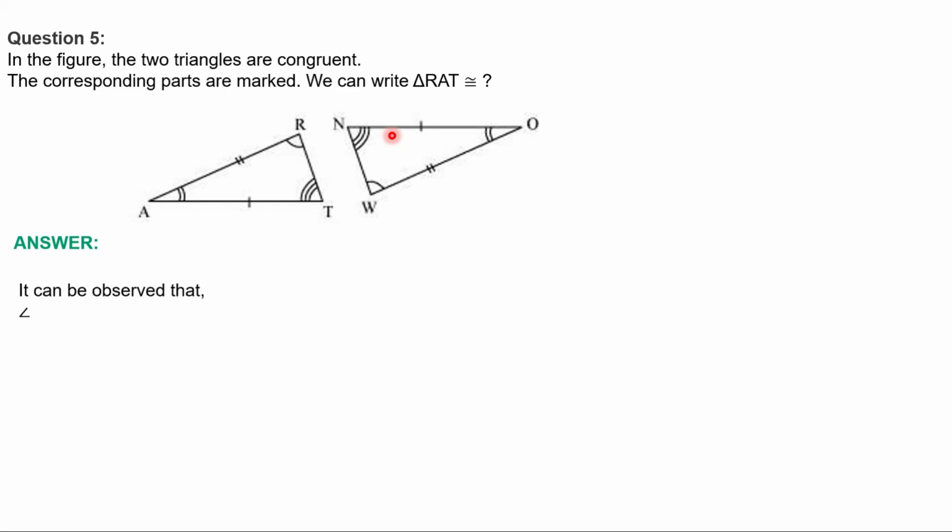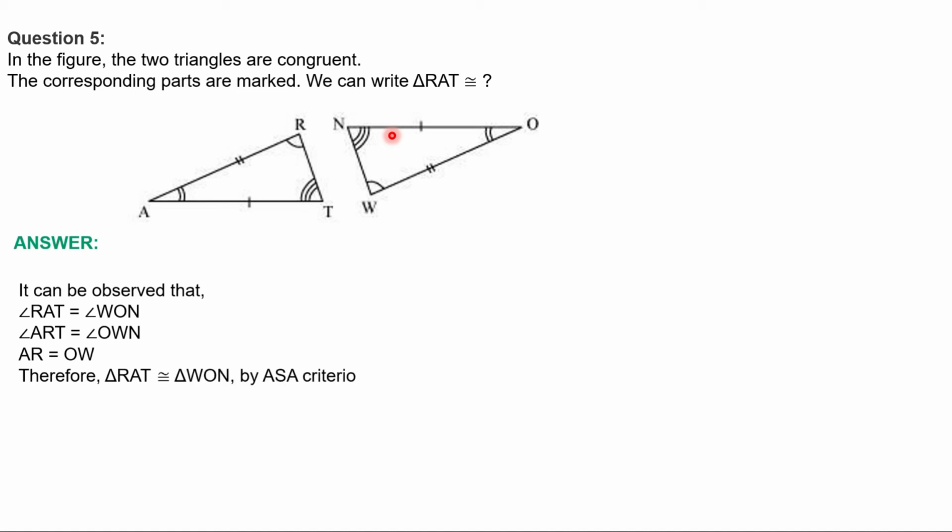It can be observed that angle RAT equals WON, ART equals OWN, and AR equals OW. Therefore, triangle RAT is congruent to WON by the ASA criteria.